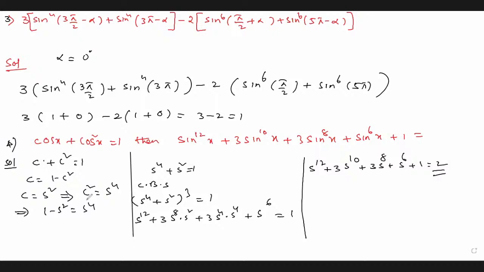On the left-hand side, in place of cos square, I wrote 1 minus sin square. Transform this minus sin square to the right-hand side: sin power 4 plus sin square is equal to 1. Cubing on both sides with the a plus b whole cube formula, I get 1 on the right-hand side. If I add 1 to both sides, I get 2 as the answer. Copy this one.